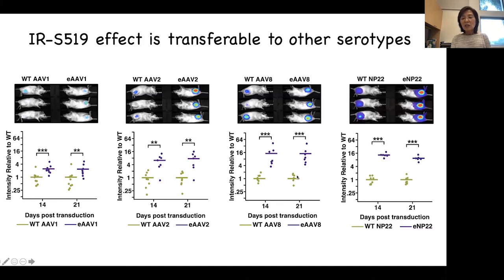Interestingly, it also improves the transduction efficiency of NP22. NP22 was engineered and selected in Mark Kay's lab for muscle tropism. As you see here, it is already good for targeting muscle, and the S519 peptide increased it even further. So this is a portable, transferable technique.